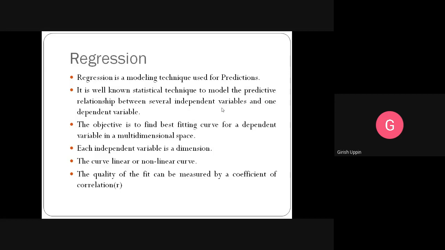That's why y is the dependent or target variable. Y's value you predict based on the value of x and the value of m. m is the slope of that best fitting line, and c is the intercept of the line on the y-axis.